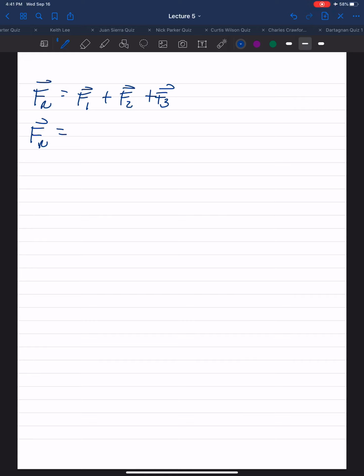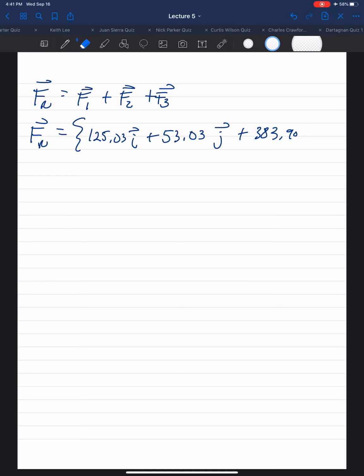So adding those three forces we just came up with, you get 125.03 I plus 53.03 J plus 3 newtons.